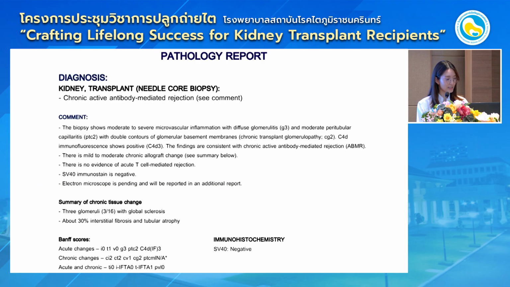The kidney biopsy showed he has chronic active antibody-mediated rejection. At that time, regarding chronicity of the allograft, about 3 out of 16 glomeruli had global sclerosis and about 30% interstitial fibrosis and tubular atrophy.